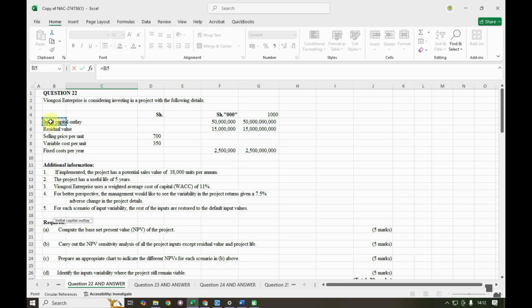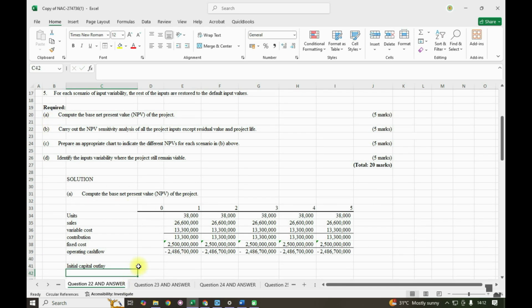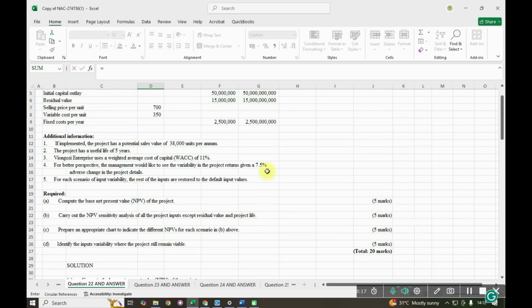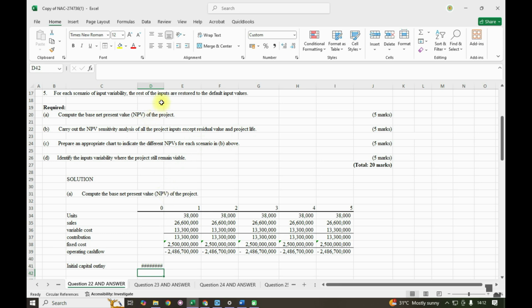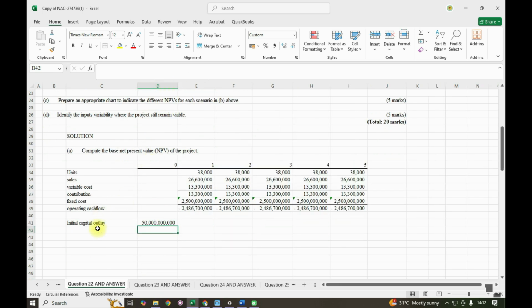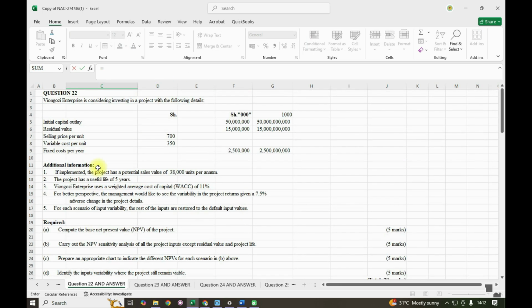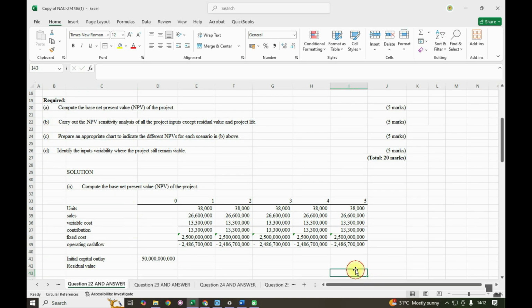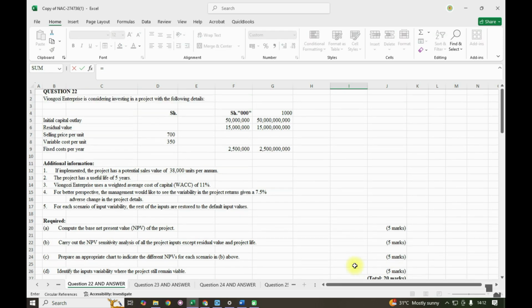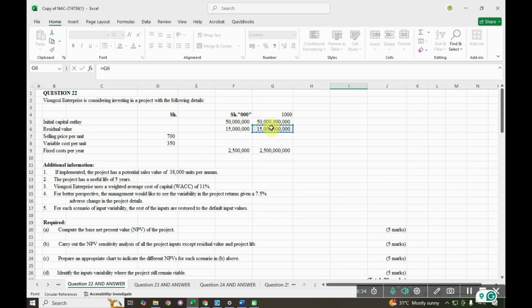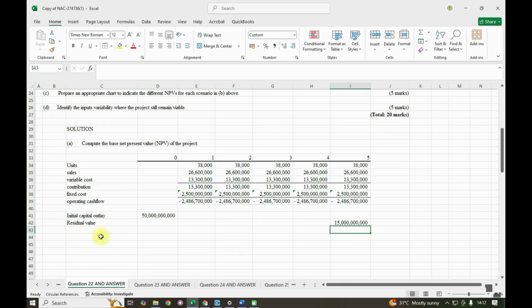Then we have our initial outlay here, which is 50, and we shall have the residue value, which is 15 at the end. Remember, the residue, we are receiving it at the end.